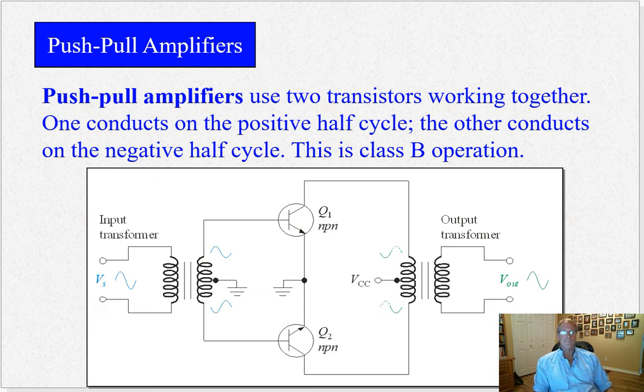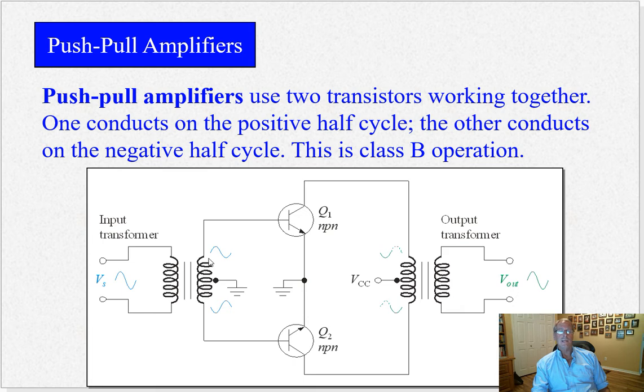Now, there is a problem with this. This is called Class B operation. The problem with this Class B is that how many volts do you need to have on either Q1 or Q2 in order to turn the transistor on? Remember? Well, you have to overcome this VBE. How much is that? 0.7 volts.